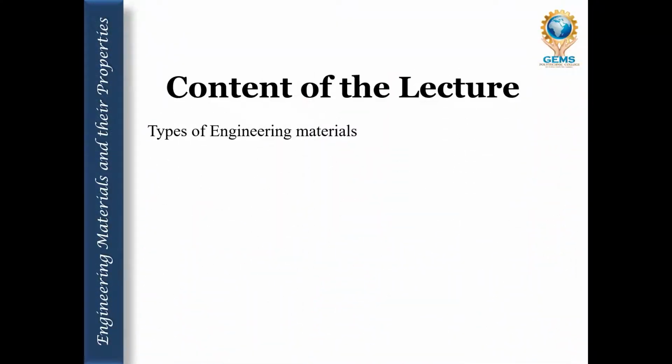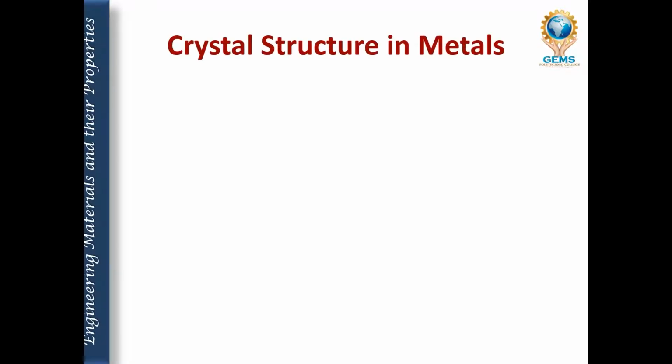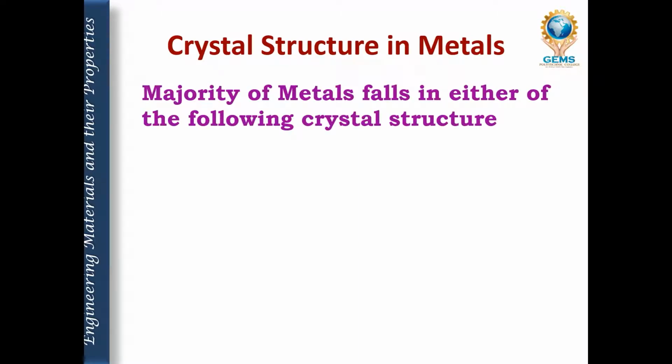The content that we're going to discuss today is about types of engineering materials. So this is a continuation. In the continuation, what we're going to discuss is crystal structure in metals. The majority of the metals fall in one of the following crystal structures.